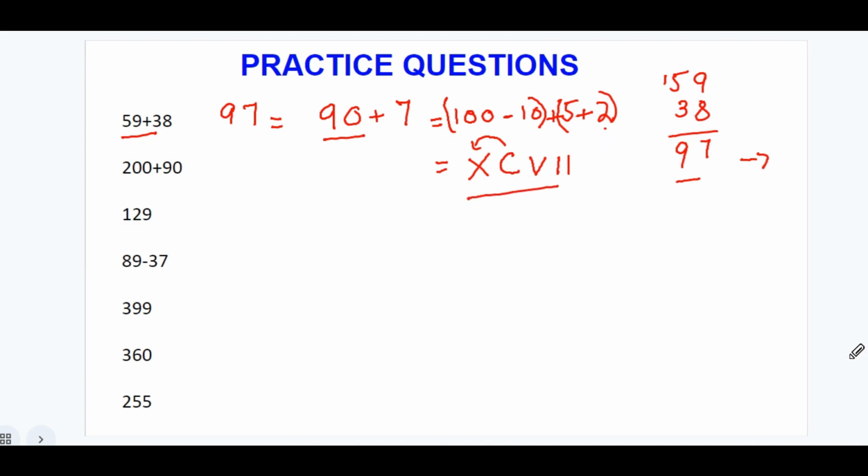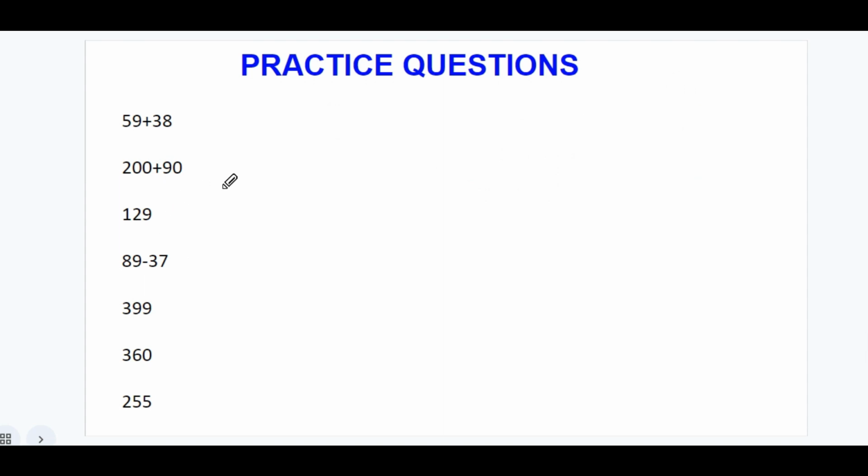In the same way, we can do 399. 399 means 300 plus 99. So how can you write your 399? 300 means 3 times 100, that is 3 times C. And 99 means 90 plus 9.